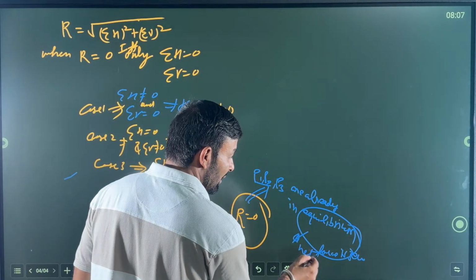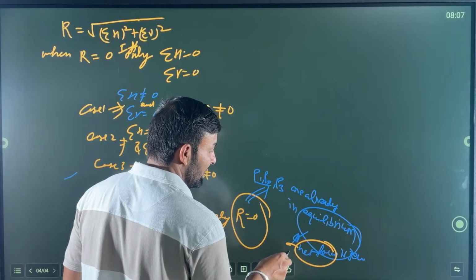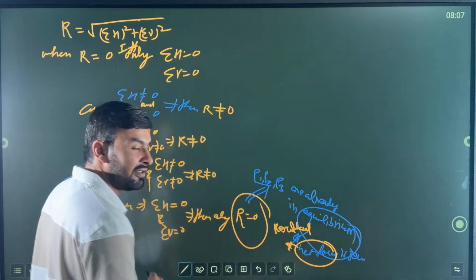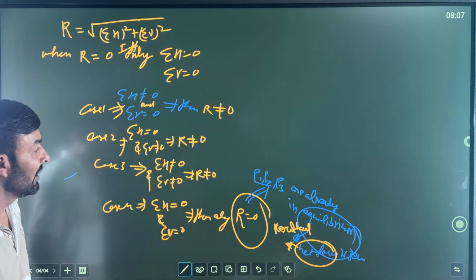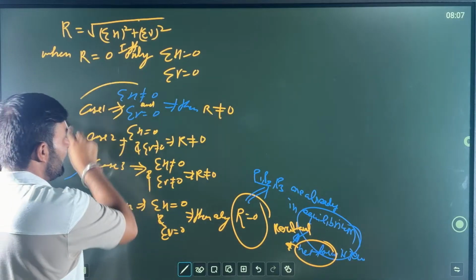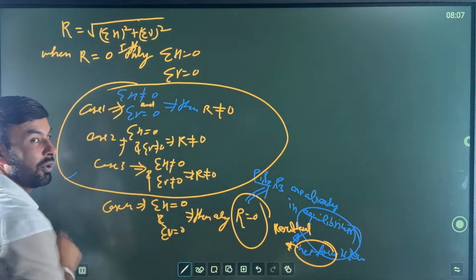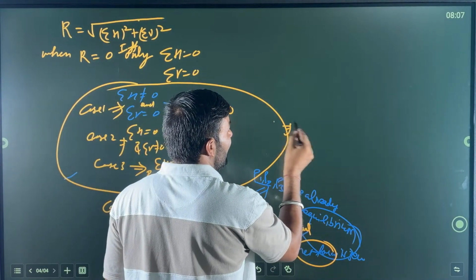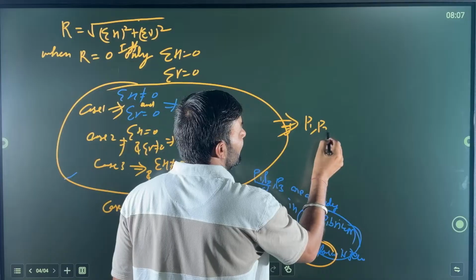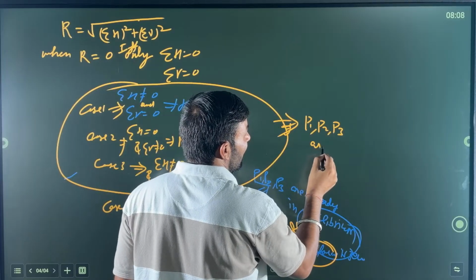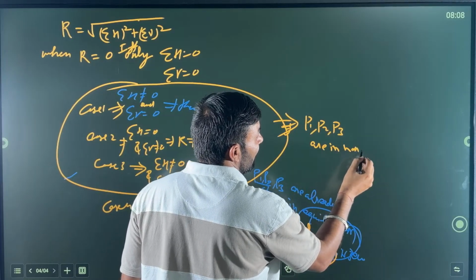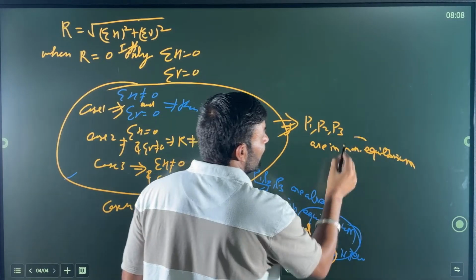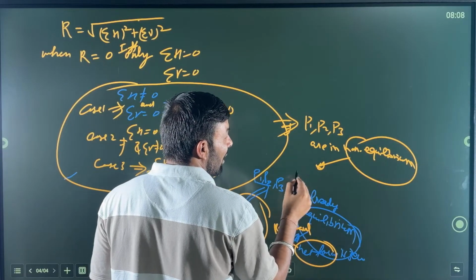What is net force? Another name for net force is the resultant. Be careful, that resultant R is 0 if forces are in equilibrium. Otherwise, this case will be non-equilibrium. Then this implies P1, P2, P3 are in non-equilibrium. Why non-equilibrium? Since R is not 0.